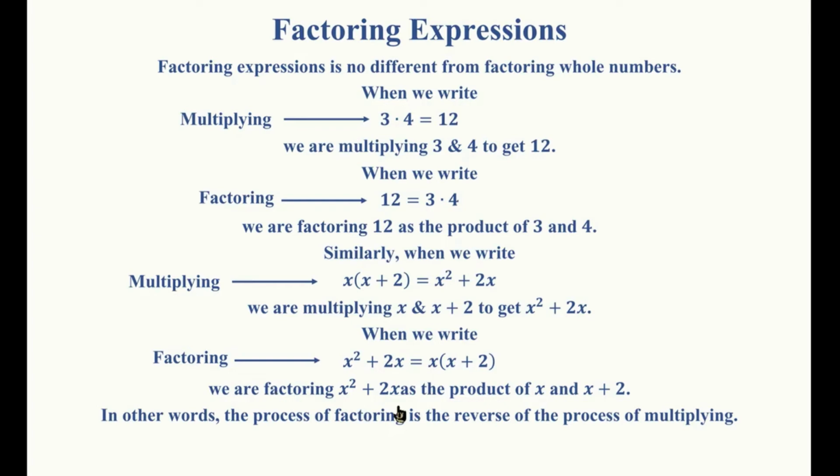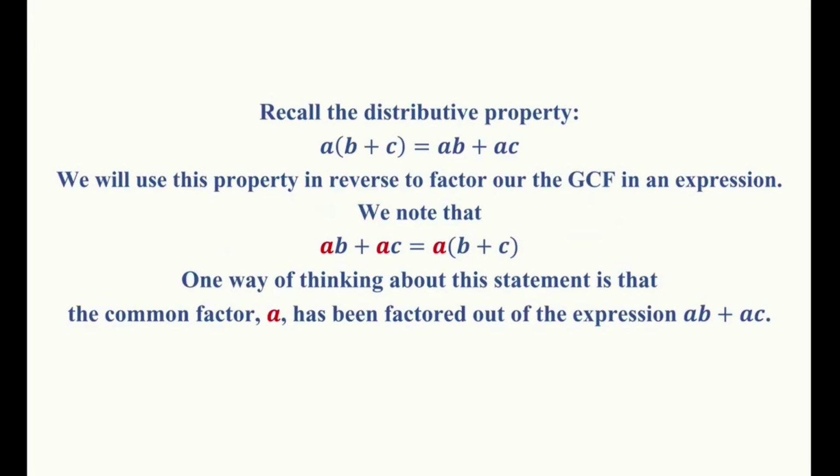And this is what we're going to be doing for quite a few videos now. The first type of factoring we're going to study when it comes to expressions is factoring out the GCF. The process which helps us accomplish that is, if you recall the distributive property, we have A times B plus C. Remember, we distribute to get AB plus AC. If we do this backward, going from right to left, we start with AB plus AC, look for what's common, A, write that on the outside, and then open parentheses and see what's left.